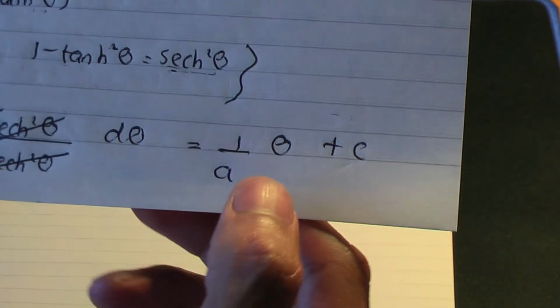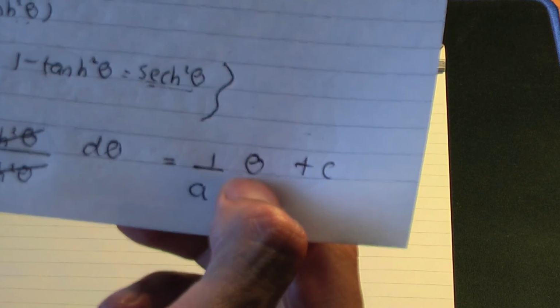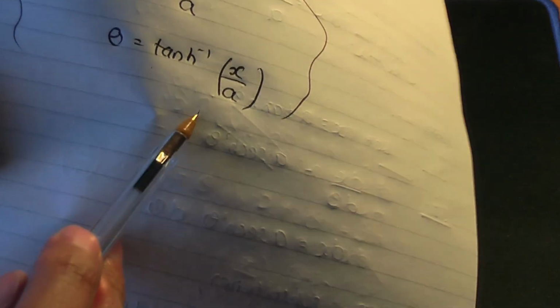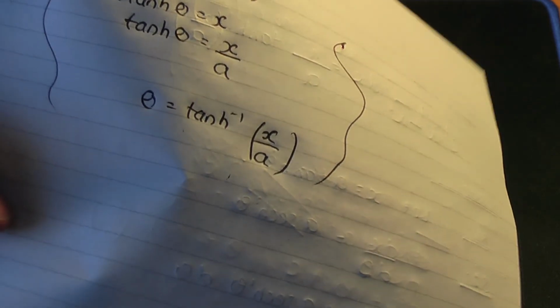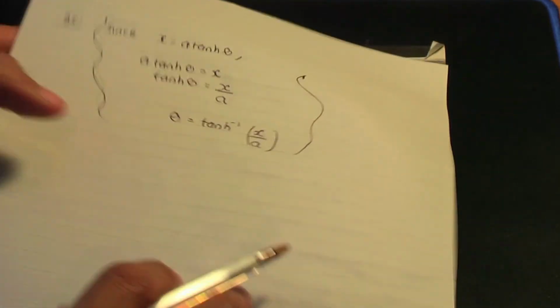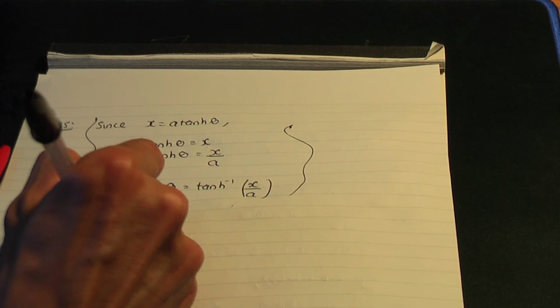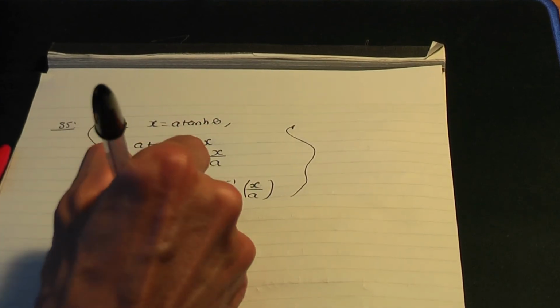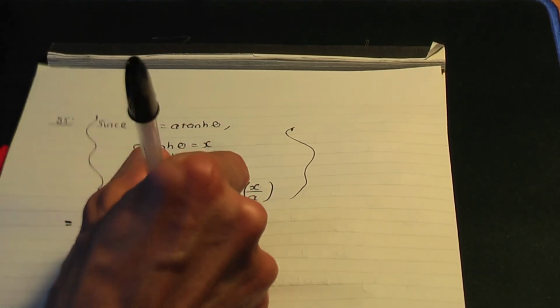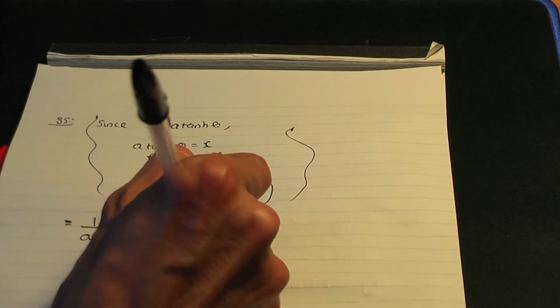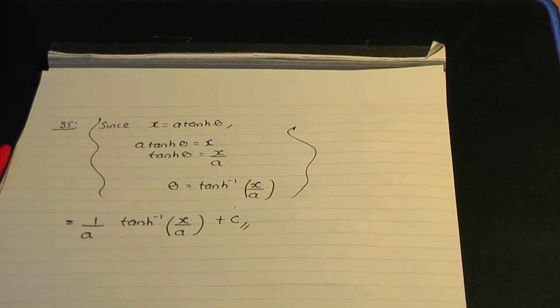Okay, so if we go to the previous step, we can replace theta over here by the inverse hyperbolic tan of x over a in order to conclude the proof. So we're going to get, as a result, 1 over a inverse hyperbolic tan x over a plus c, and that completes the proof.